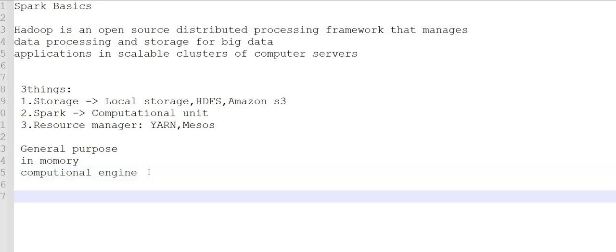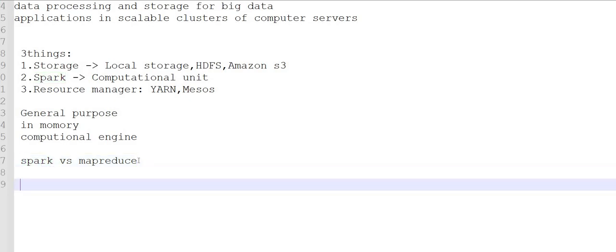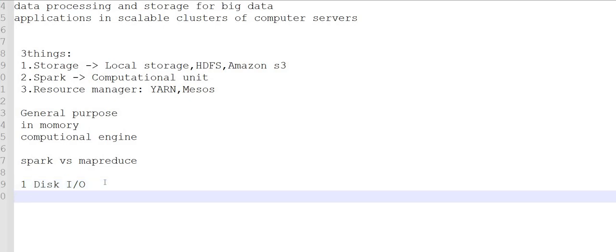Then what is the difference between Spark and MapReduce? This is the question that will come, right? Spark versus MapReduce. Spark does in-memory computations. It will take the data, so first a disk IO will happen, one disk IO for reading the data, and it does all the processing, and then it writes the data back, which requires one disk IO. Disk IO means disk input output.